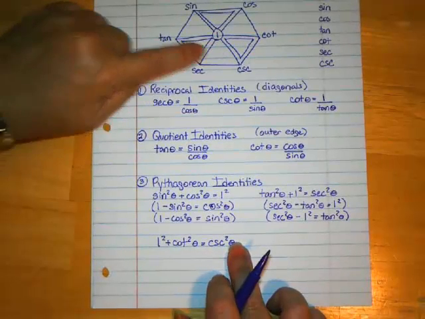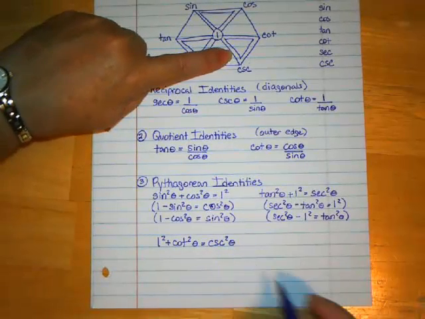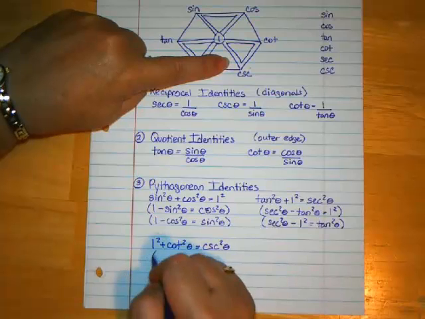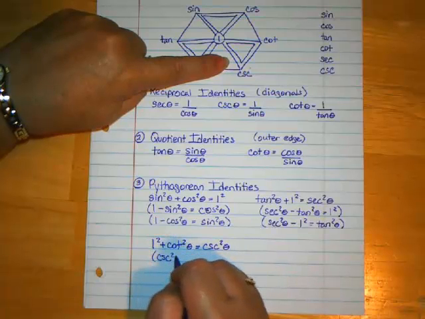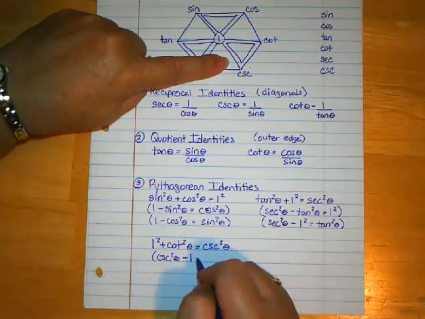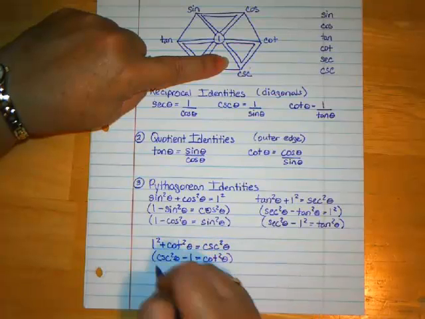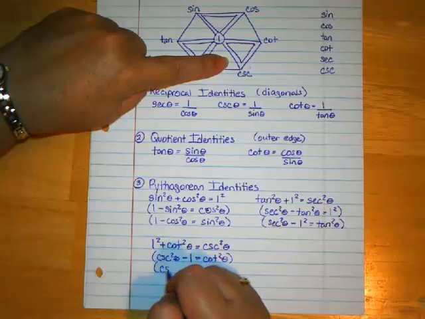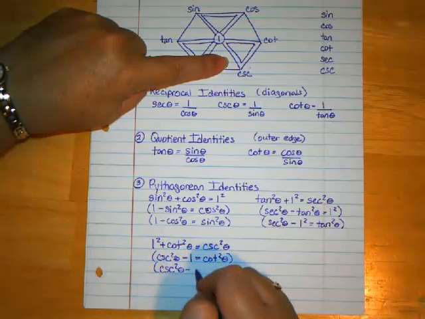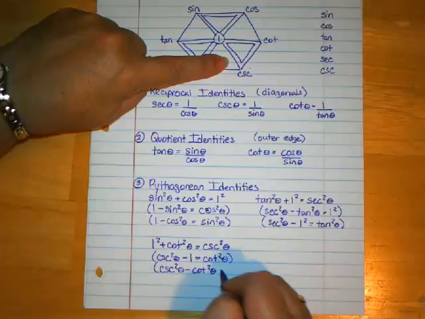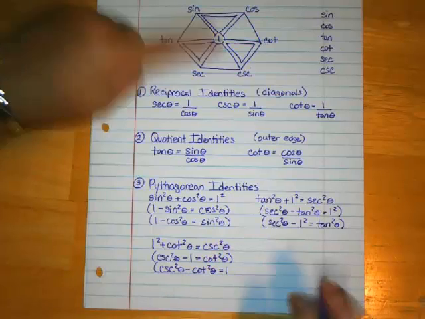And now finally, the third triangle right here. We're going to start at the bottom. So this would be cosecant squared minus 1 equals cotangent squared. And then going the other way, cosecant squared minus cotangent squared equals 1.